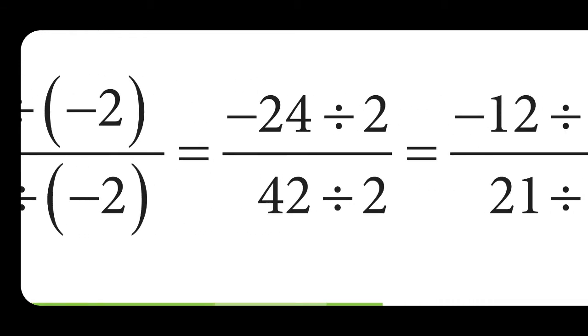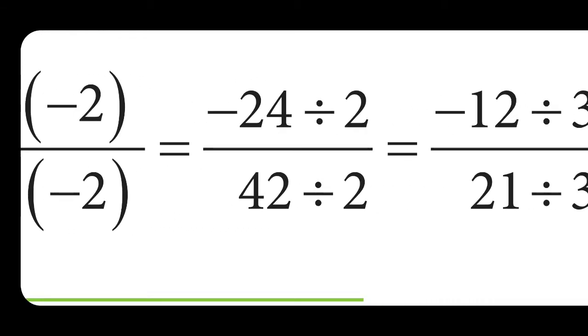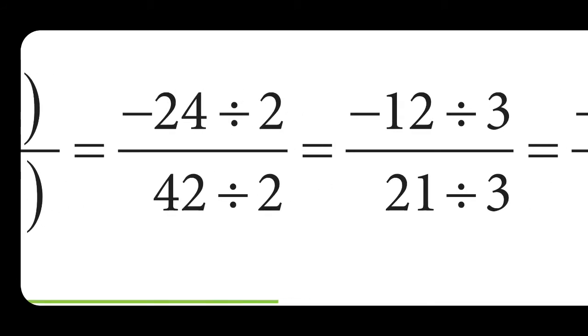Next, minus 24 by 42 also has even numbers, so it has a common factor 2. So divide numerator and denominator by 2. 24 by 2 is 12. We keep minus as it is, and 42 by 2 is 21.